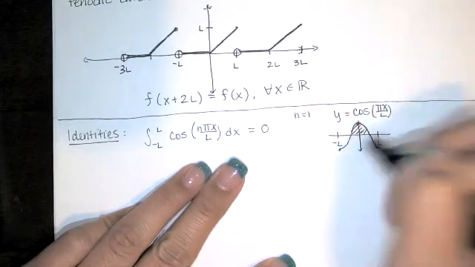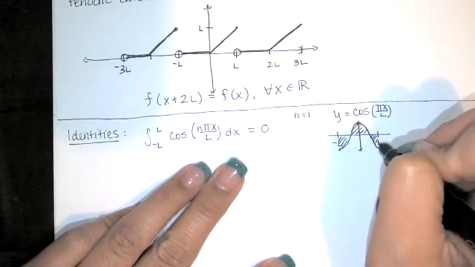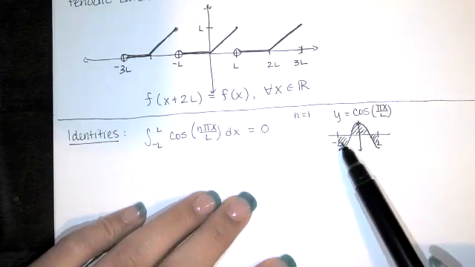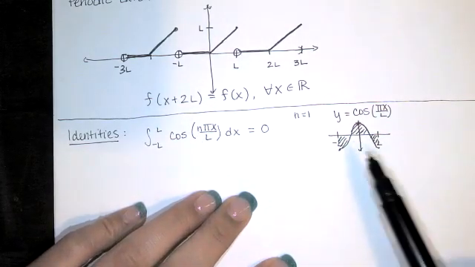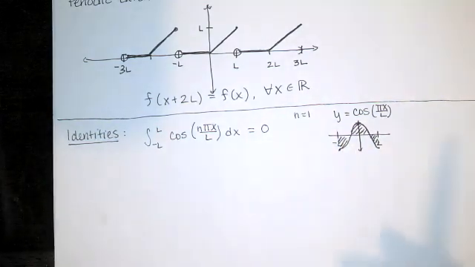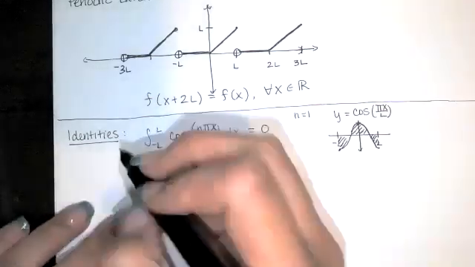If I did a better job with my graph, this is just saying that this area minus this area minus this area is 0. This plus this equals that. So the net area under the curve is 0.